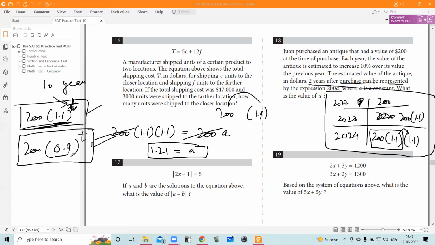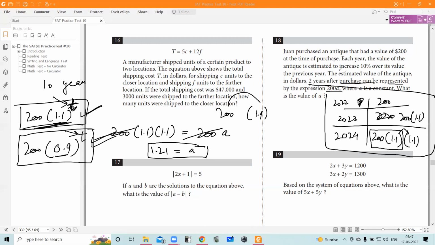In the same way, multiplying 200 by 0.9 will be decreasing 10% for 1 year, and multiplying by 0.9 raised to the power t will be decreasing 10% every year for t years. So this is very important. You can write it somewhere, and you can use it in some form.